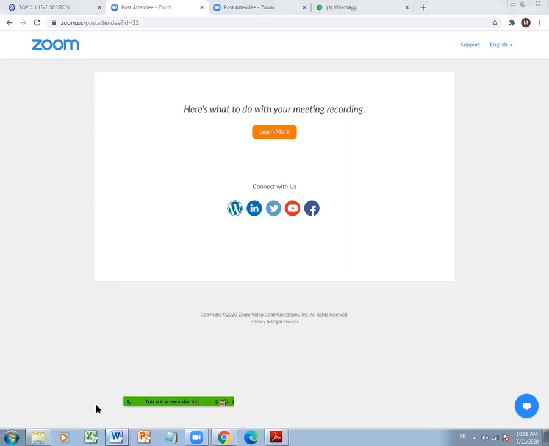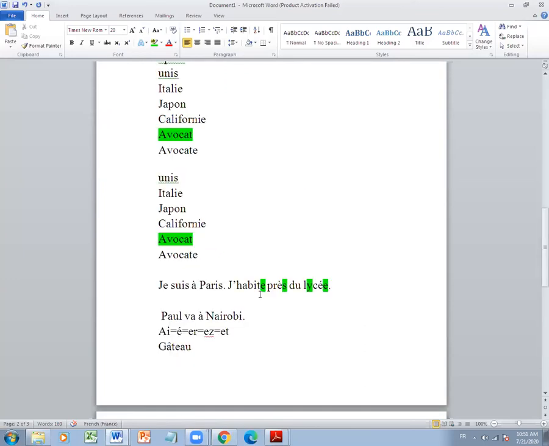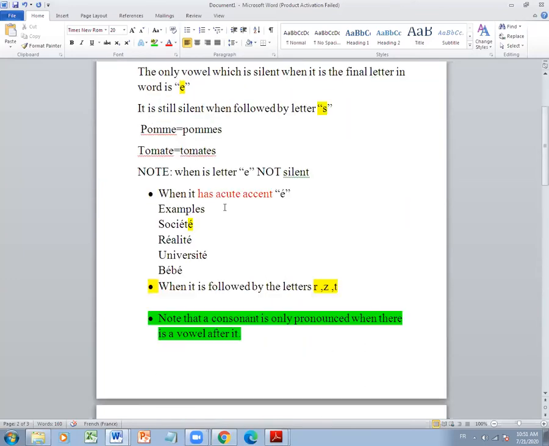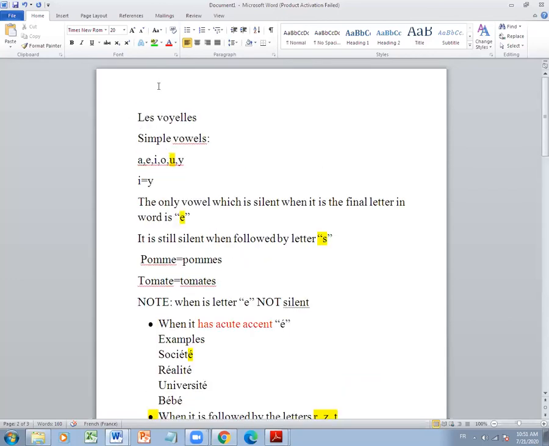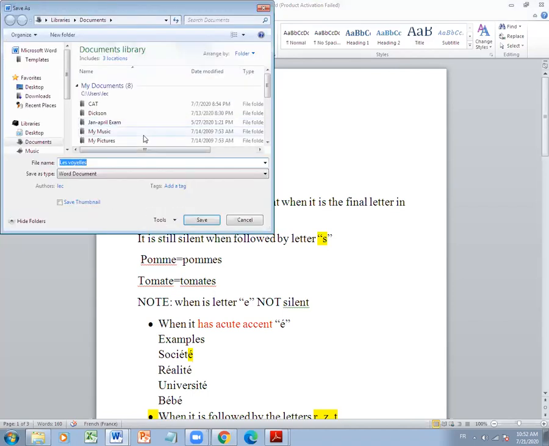Yes, that's very good, because I think it explains quite a number of things. So I'm going to post it as notes in the next few minutes. Let me just save it as today's notes.